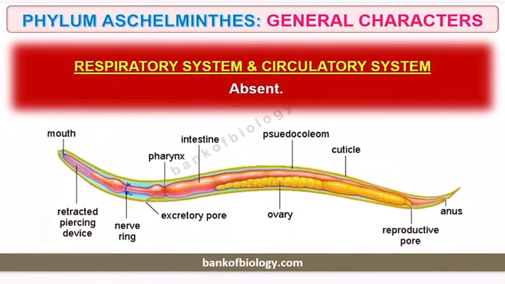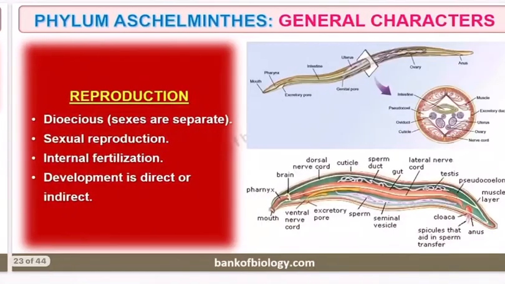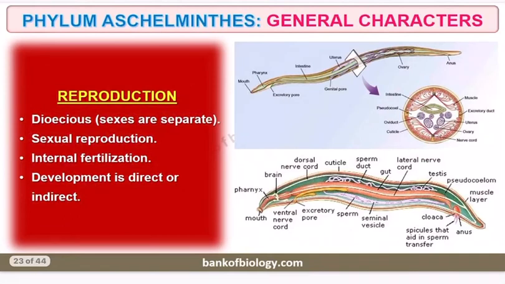The pharynx is very, very muscular. So right from mouth to anus, the separate tract is there, digestive tract. That's a good evolutionary feature. And respiratory system and circulatory system continue to be absent. So that is the reason why still they are kept under low category.